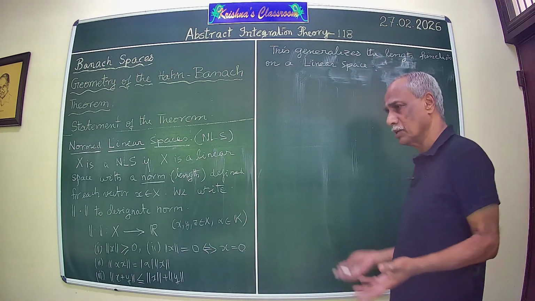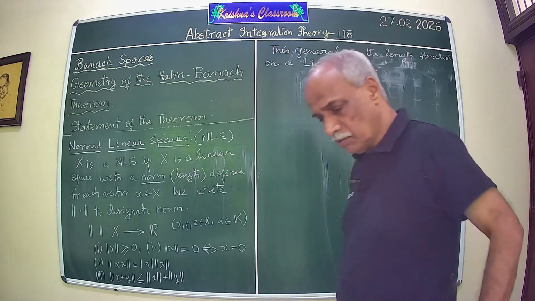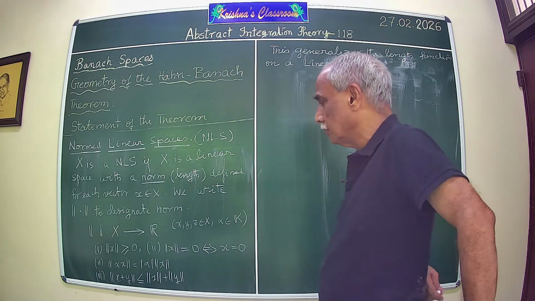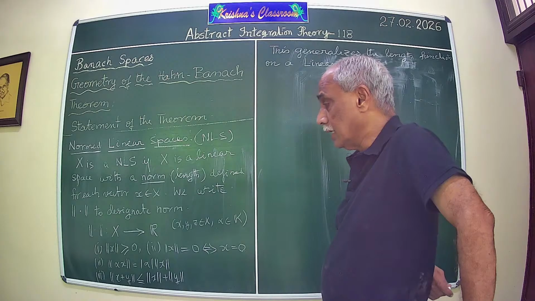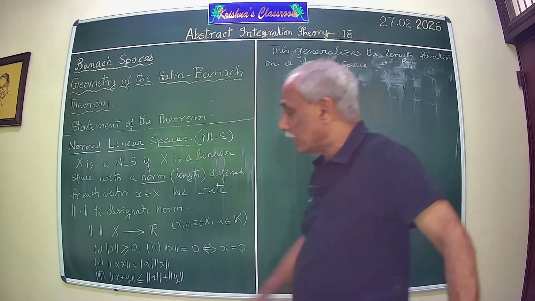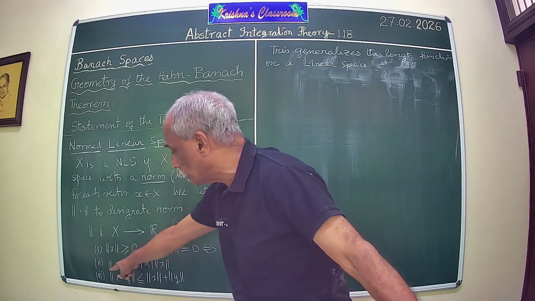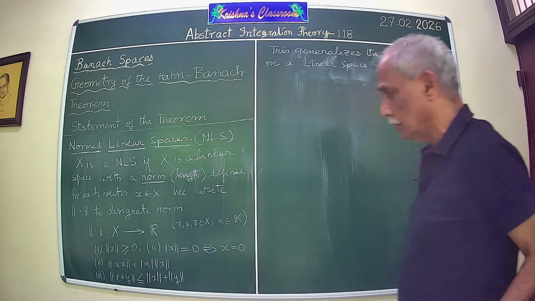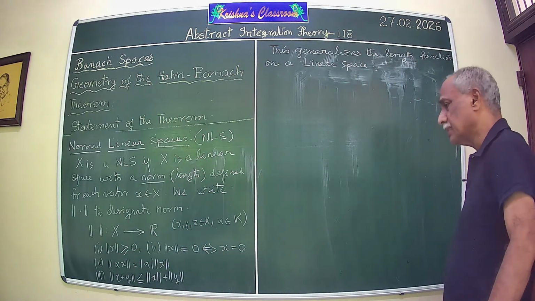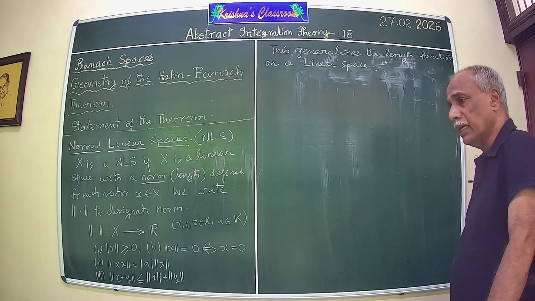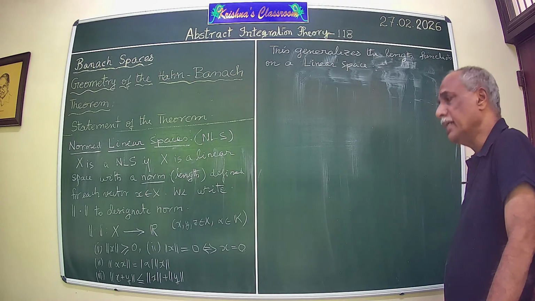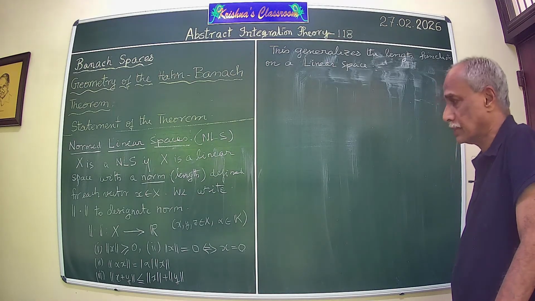Elsewhere it is non-zero. So it is non-zero for all x not equal to 0. And then you see the property 2 and the property 3, you look. See, this concerns the linear space operations of x.